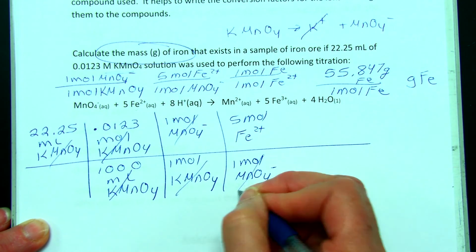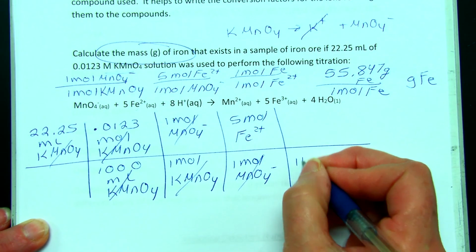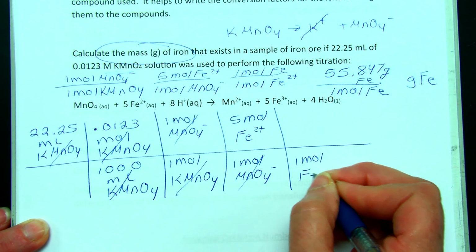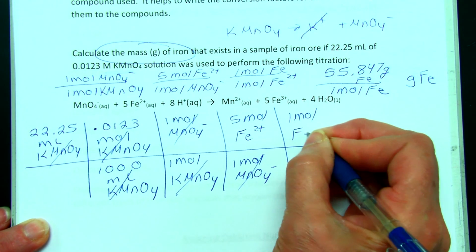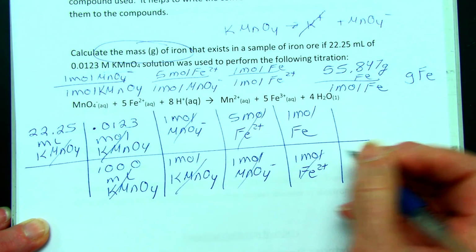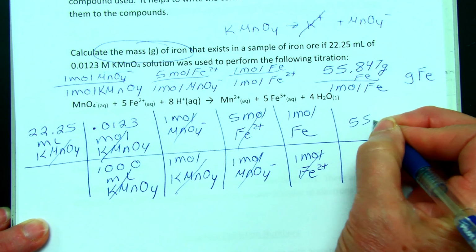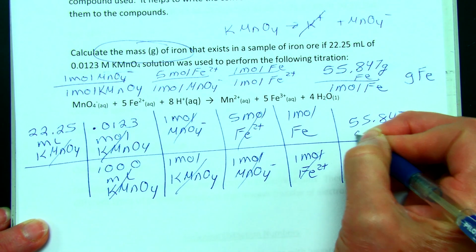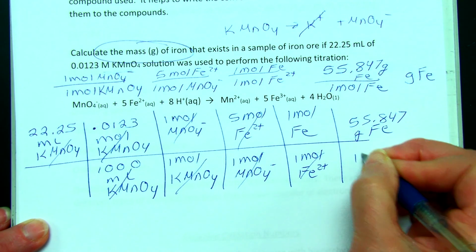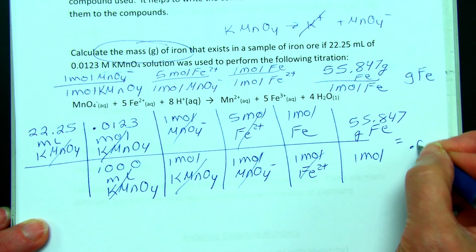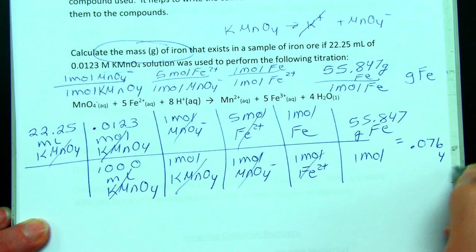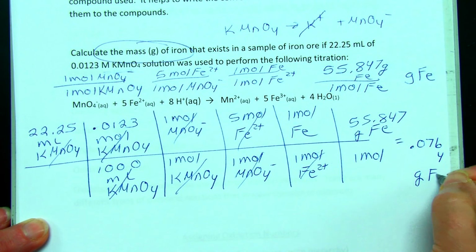So I got rid of moles of permanganate. 1 mole of iron 2 plus gives me 1 mole of iron metal that was in my original sample. And 55.847 grams of iron is 1 mole. So I get 0.0764 grams of iron.